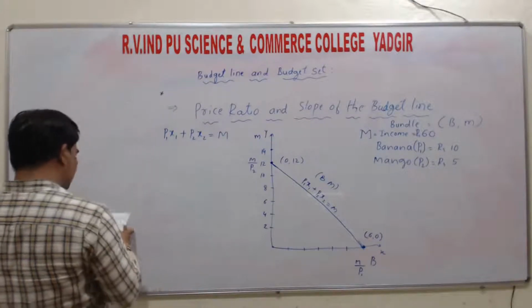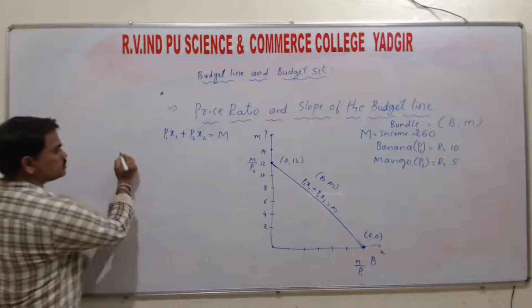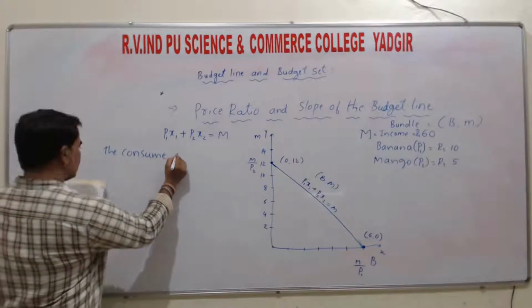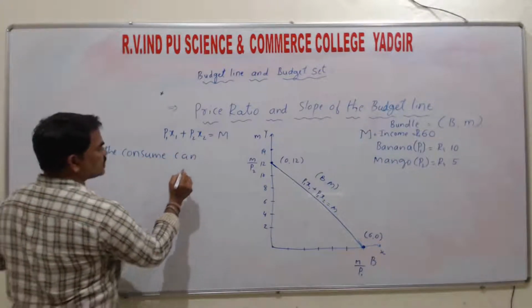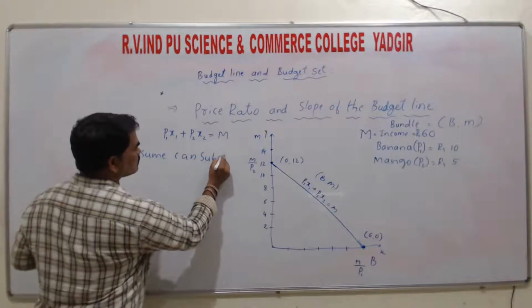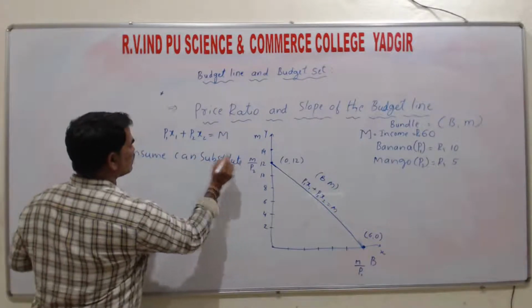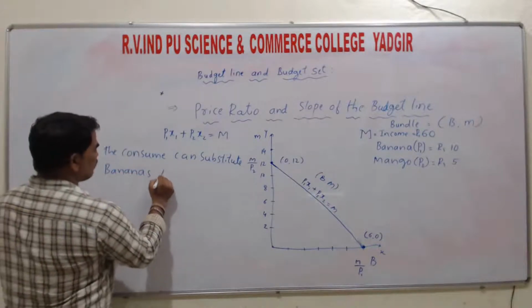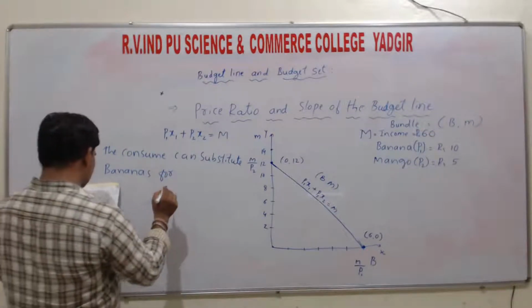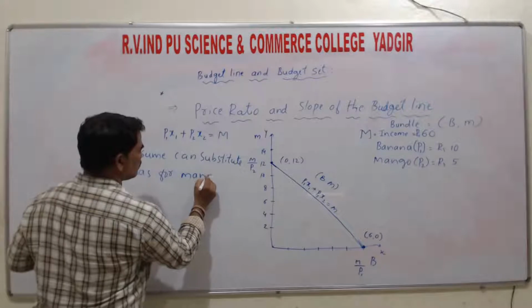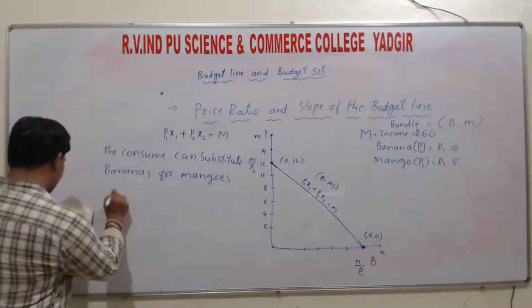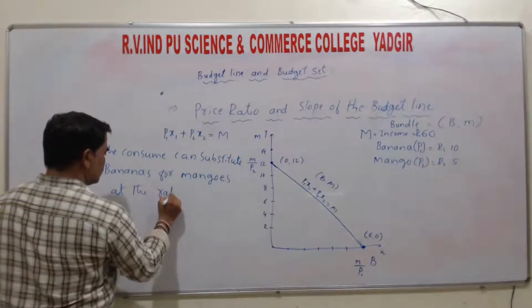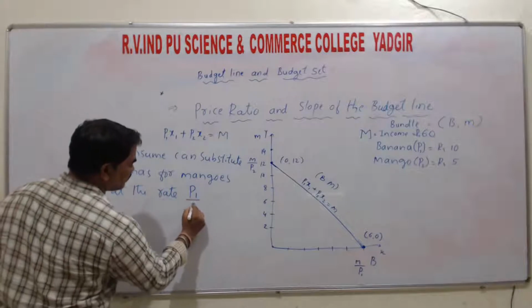So how can we write that here? The consumer can substitute bananas for mangoes at the rate P1 by P2.